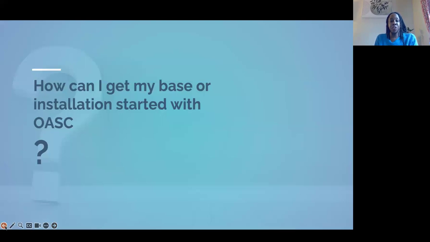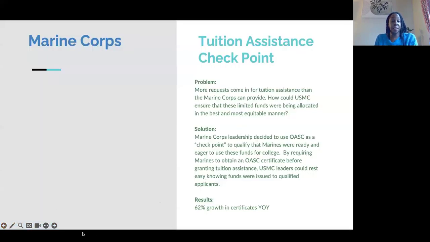So they use it as a tuition assistance checkpoint for the Marine Corps. The result is a 62% growth in certificates year over year. Every year they're getting stronger, with service members completing this program and walking away with certificates of success. Then they can apply these skill sets to other areas of their careers.